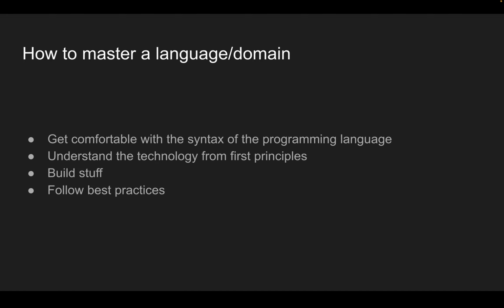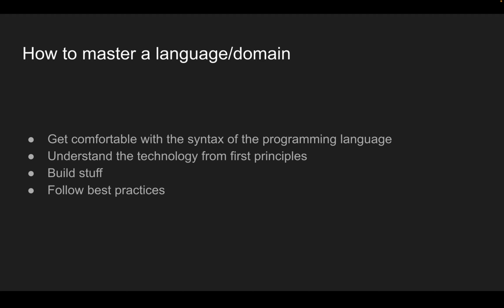From my years of experience in building software across multiple domains like AI, web dev, Web3, etc., I have arrived at this simple mental model that can help you reach mastery in any kind of language or domain. The first step is getting comfortable with the language itself, the syntax, because that is going to be the medium of communication between you and the technology.